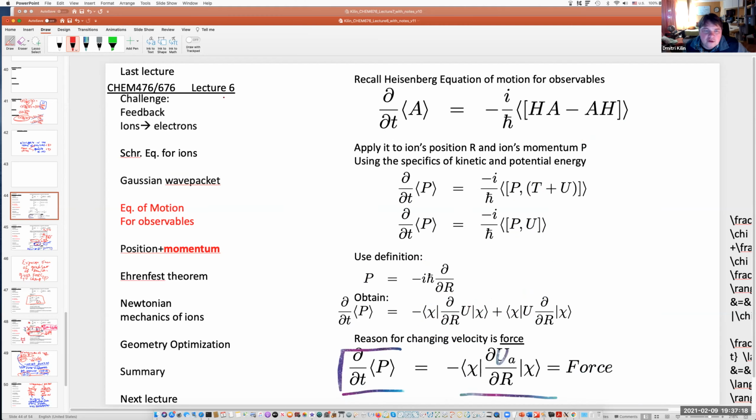So we are going to practice the Heisenberg equation of motion.